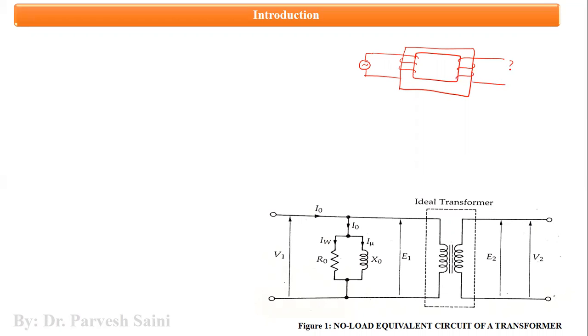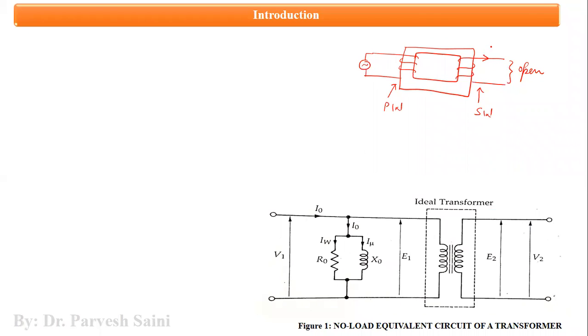If the secondary winding is open, then under this condition the transformer is said to be on no load, right? This one is the primary winding, this is the secondary winding, and no load is connected here.